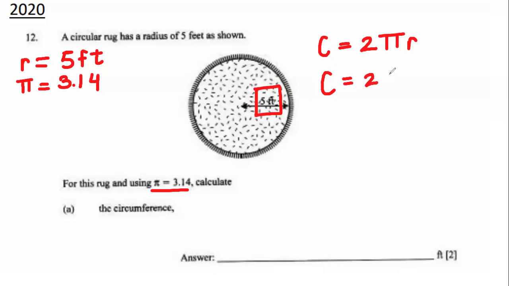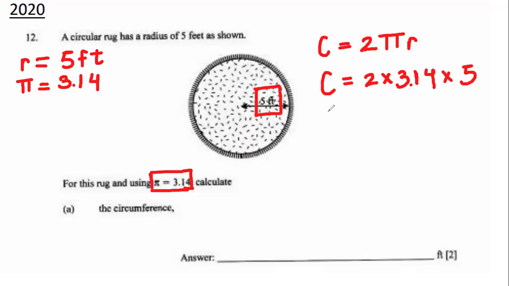So we keep the 2 multiplied by what is pi? Pi is 3.14. Multiplied by what is r in this question? R is the radius, which is 5 feet. So it's going to be multiplied by 5 feet.